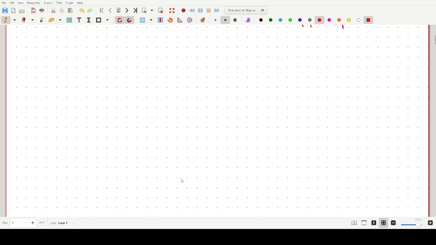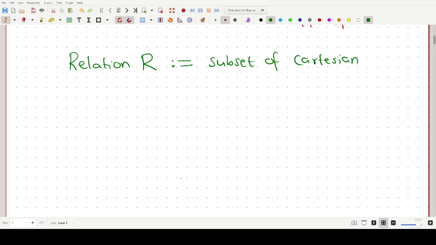Now that we know what a Cartesian product is, a relation R is defined as a subset of the Cartesian product A cross A. Now this subset of the Cartesian product R could be of many varieties.